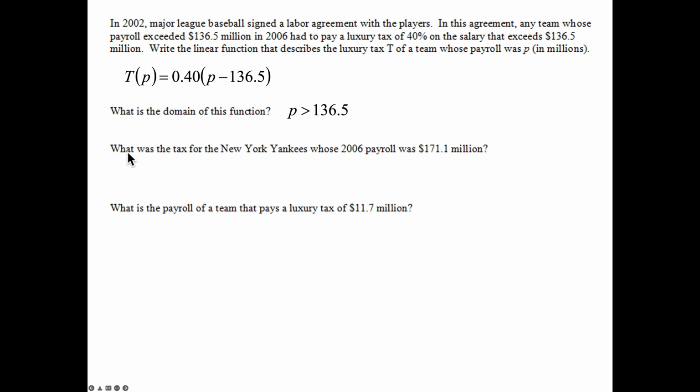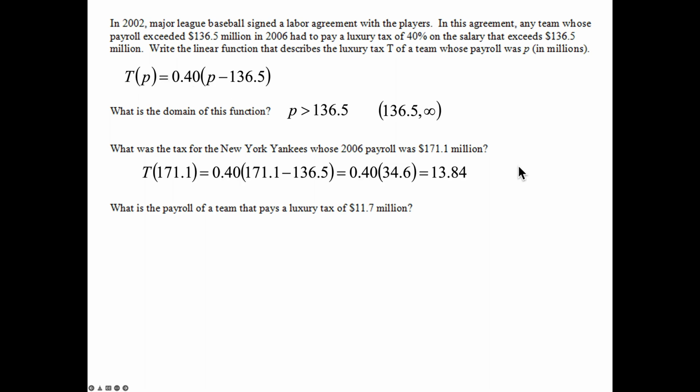All right, next question. What was the tax for the New York Yankees whose 2006 payroll was $171.1 million? They're over the cap. So we'll take our function, put in 171.1 for the P. All right, so 171.1 minus 136.5. Calculator says it's 34.6. Multiply that by 0.40 for the 40% tax. That's 13.84 million.